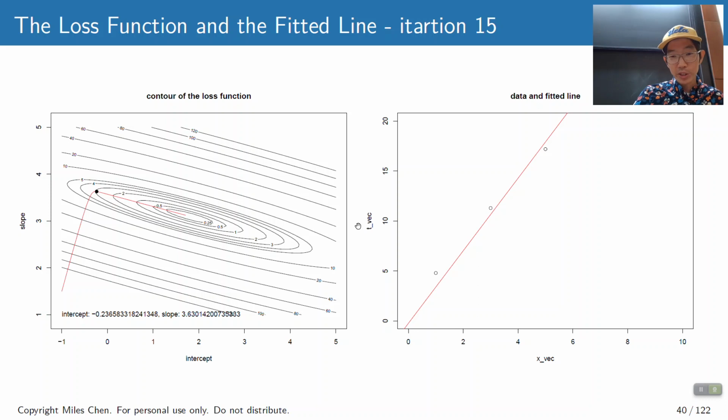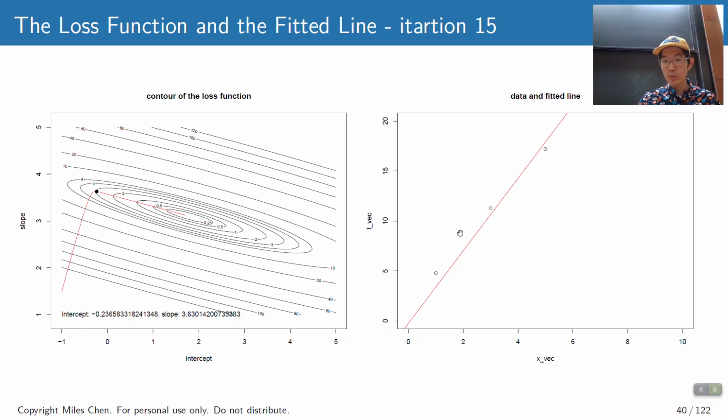After more iterations, we now have an intercept of -0.23 and a slope of 3.63. So our slope is actually too steep compared to the true solution, which has a slope of 3.1 and an intercept of about 1.8.